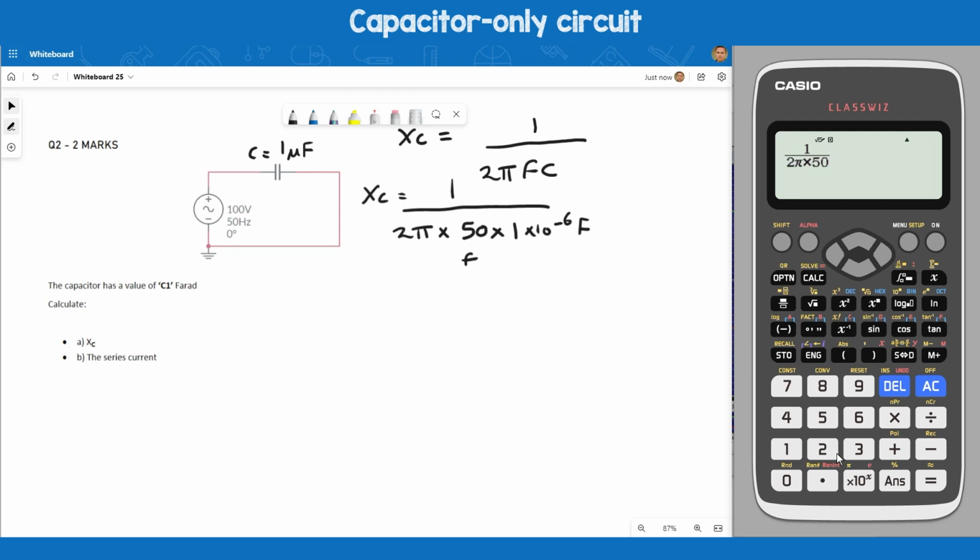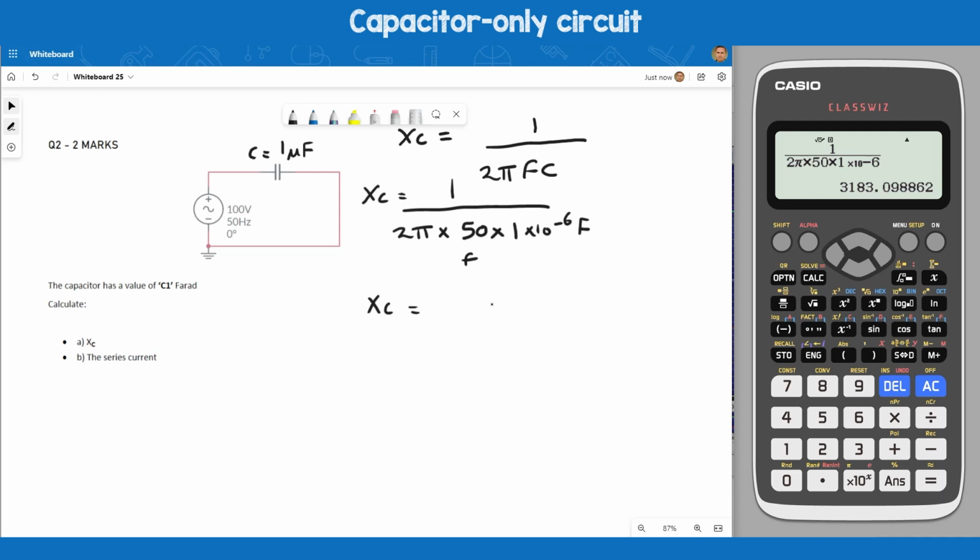It's also divided by 50 Hertz. And this is important. 1 microfarad is 1 then you press times 10 to the x, which gives you the power of 10. 1 times 10 to the power of minus 6, and that gives us a value of 3,183 ohms.